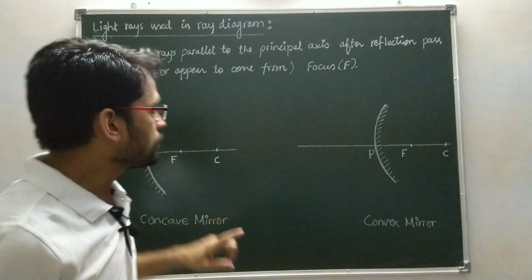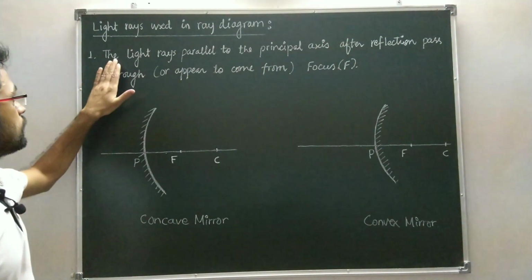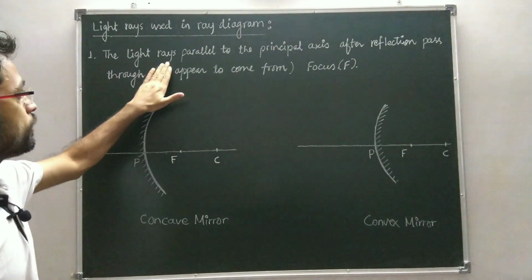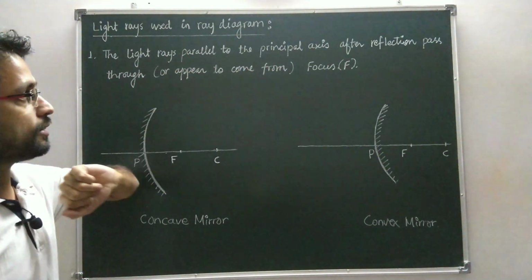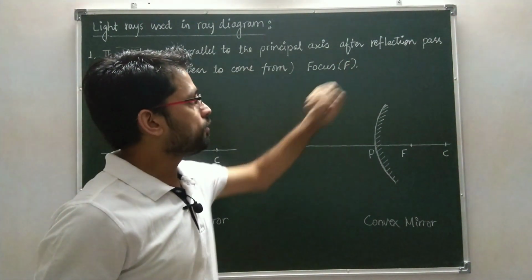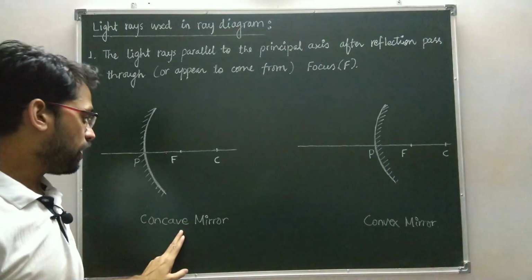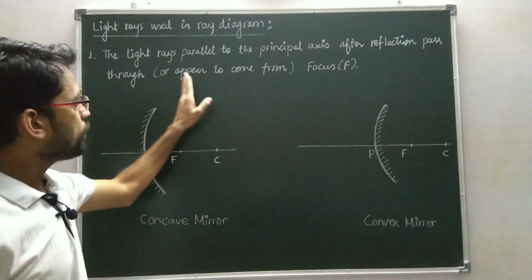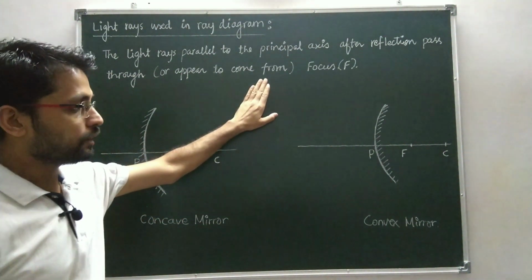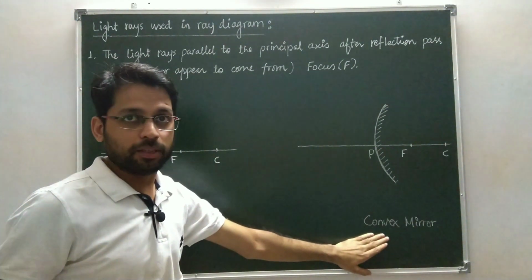The first light ray is the light ray parallel to the principal axis. After reflection, it passes through the focus in the case of a concave mirror, or appears to come from the focus in the case of a convex mirror.